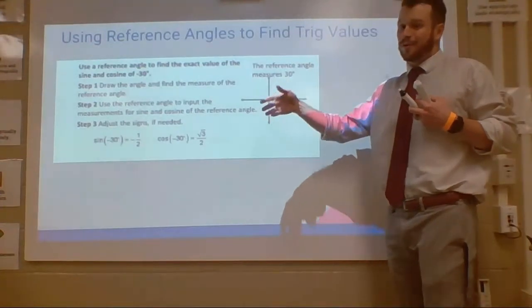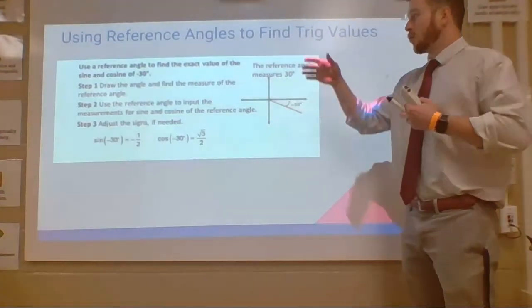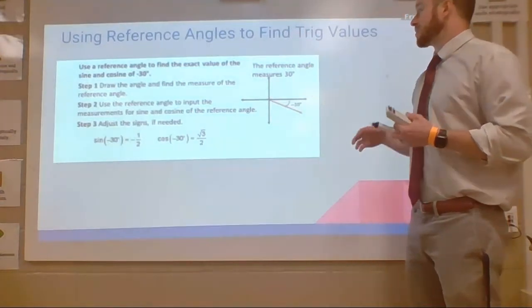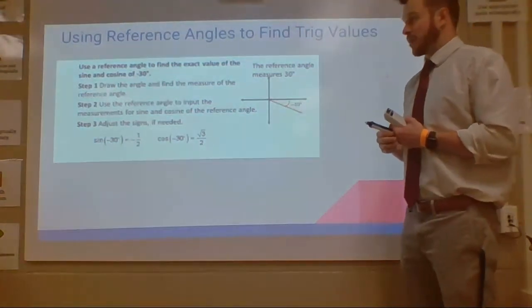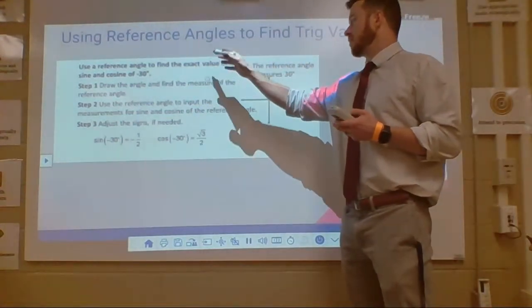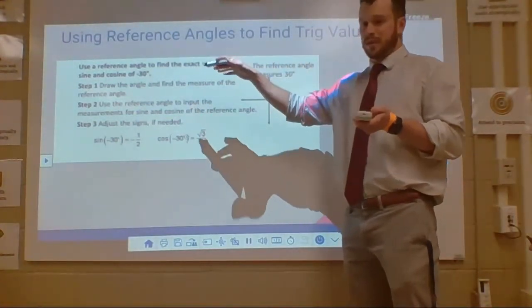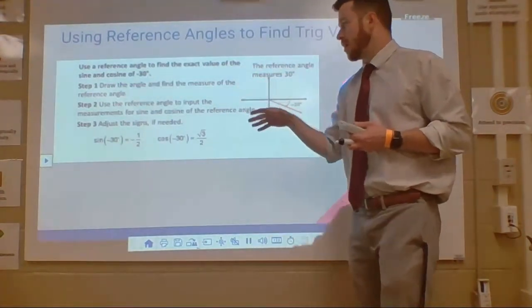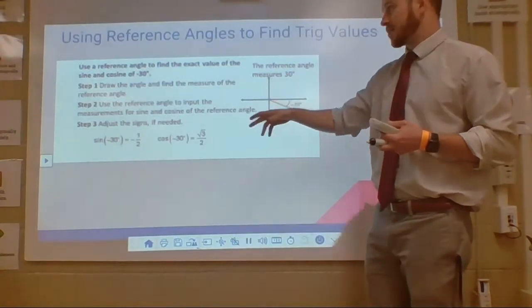Remember when we talked about reference angles a few lessons ago? Well, I told you they would come back and we would use them. We're going to use reference angles to find these trig values. So here's an example of how to find the exact value of sine and cosine of negative 30 degrees. You can look at this example on your own on the slide, but you really want to make sure you get these steps down.